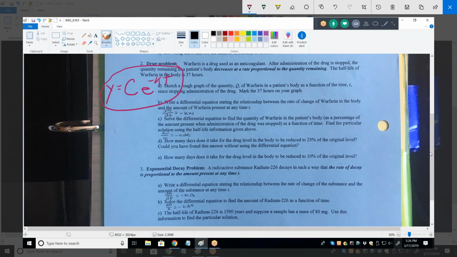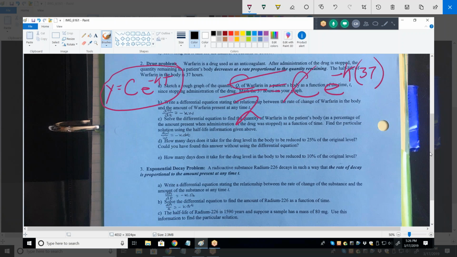Okay, so I can do C over 2. If C is the initial amount in the body, half as much is C divided by 2. So I can write this equation. And I happen to know what the half-life is: 37 hours, not days. Okay? And notice what happens here. The C goes away, divides out, and so now the only thing we have is the k, which we can solve for.